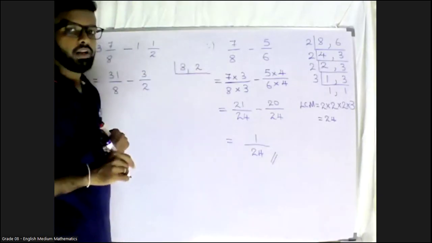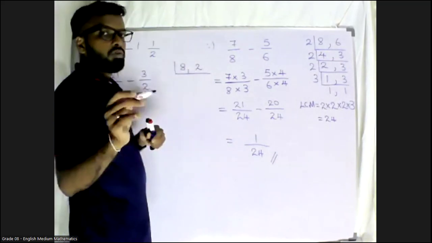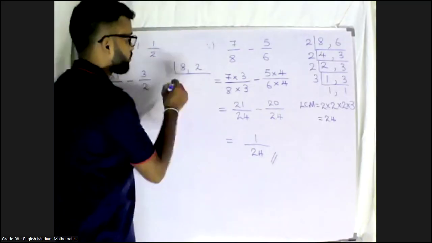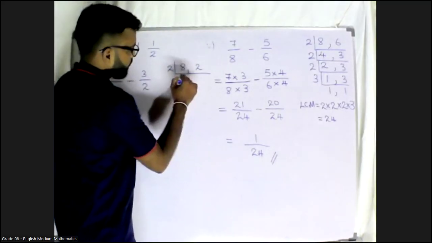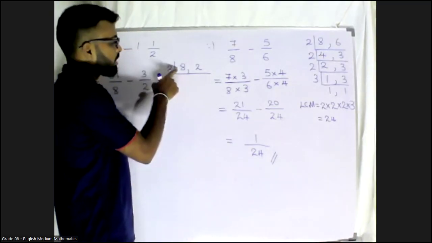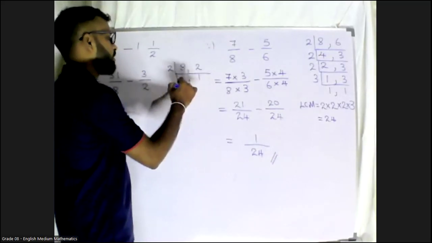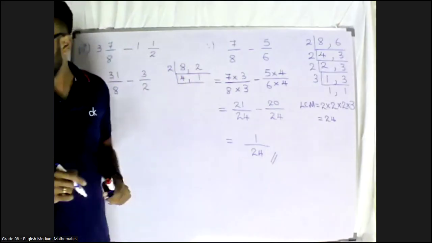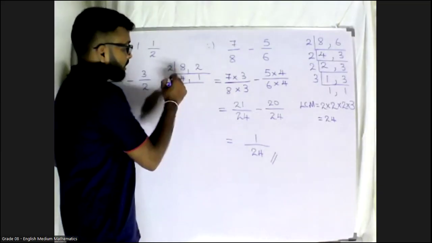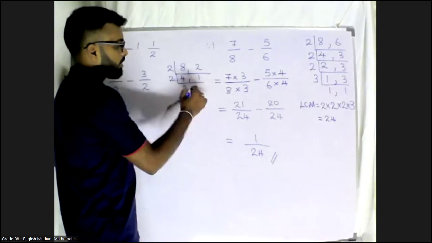Now this is how you are going to find the LCM. Both numbers are even, so you can use your least prime number, which is 2. How many 2's are there for 8? There are 4, and here you have 1. 2 times 1, 2. Then again you can use 2. 2 times 2, 4, comma 1.